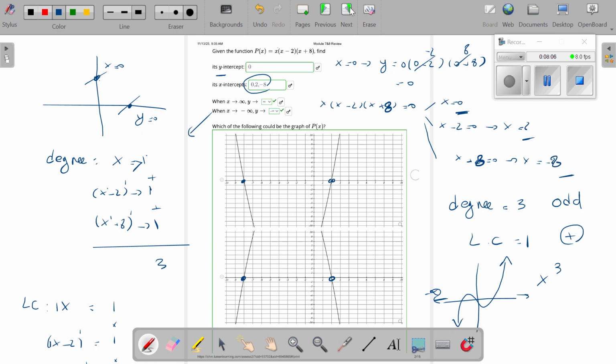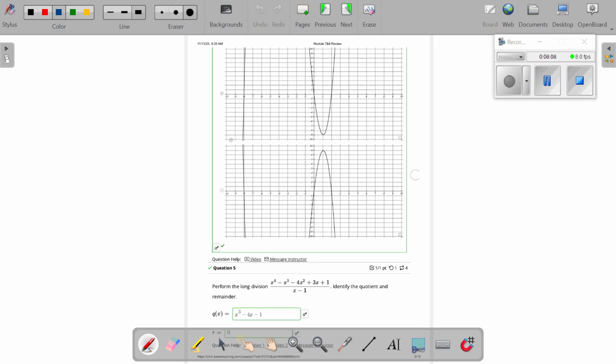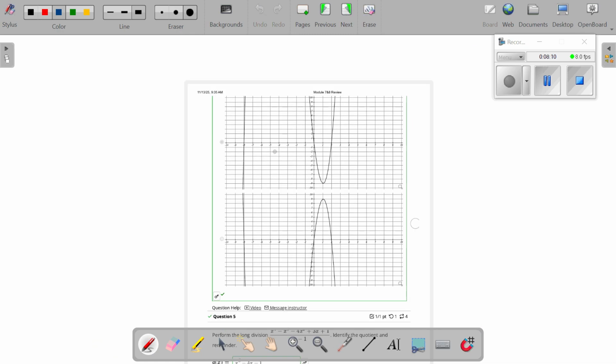Now let me go to next page. That's my other graph. And as you see, these two have 3 zeros. This one has zeros at -8, 0, and 2. This one also -8, 0, and 2. So they both could be my candidates for this question.